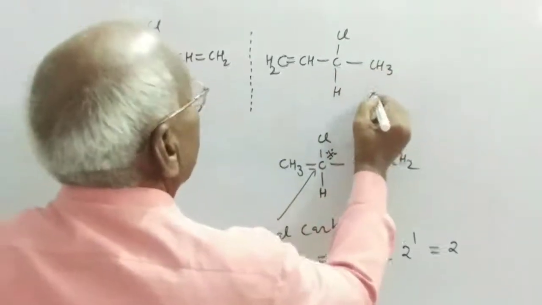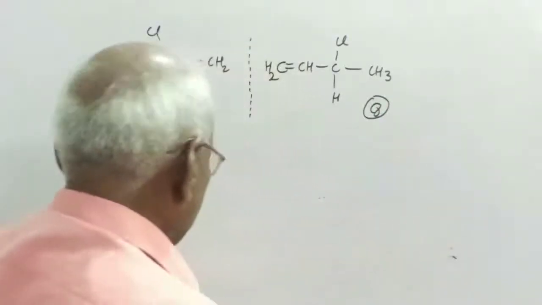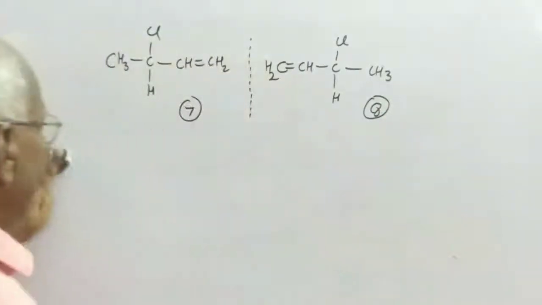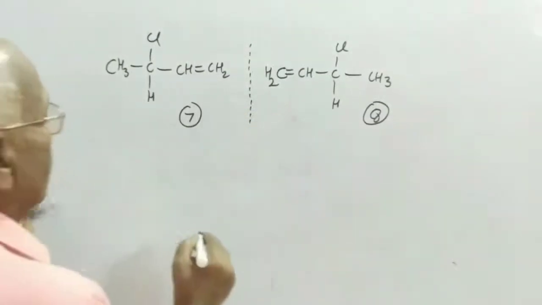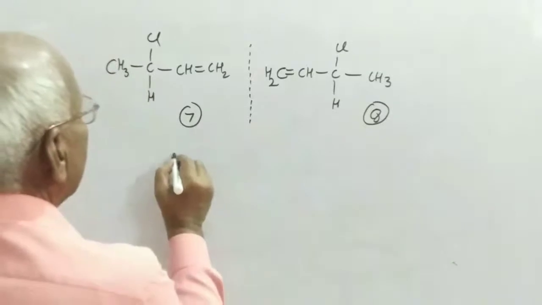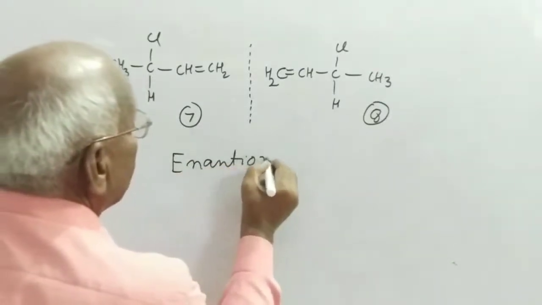This is structure 8. Both are related as object and mirror image, but they are non-superimposable. So they are called enantiomers.